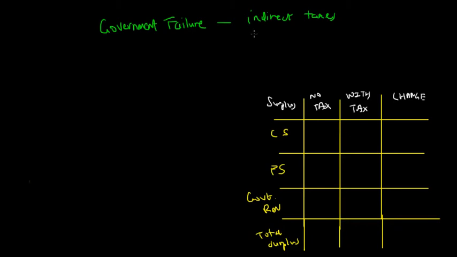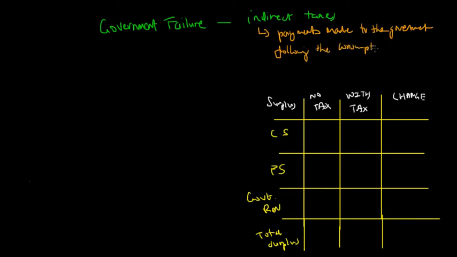So what are indirect taxes first of all? Indirect taxes are payments made to the government following the consumption or production of certain goods or services.